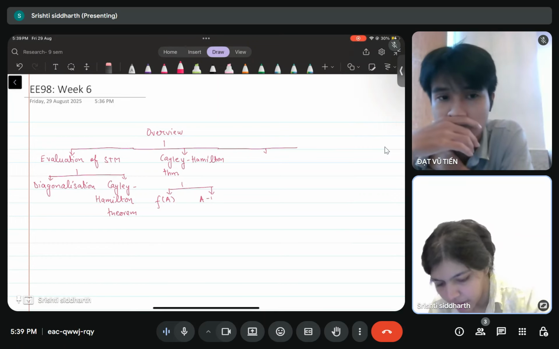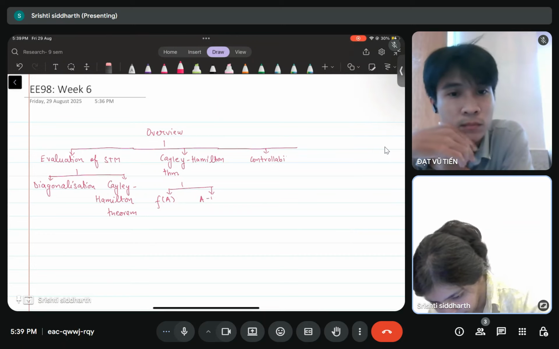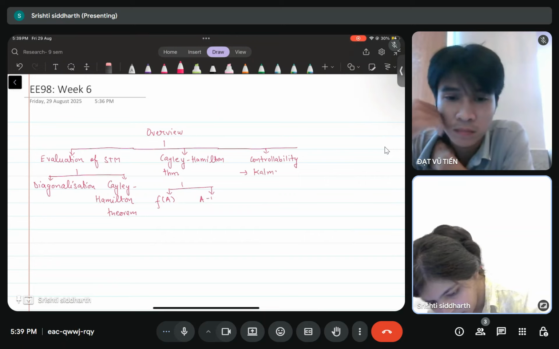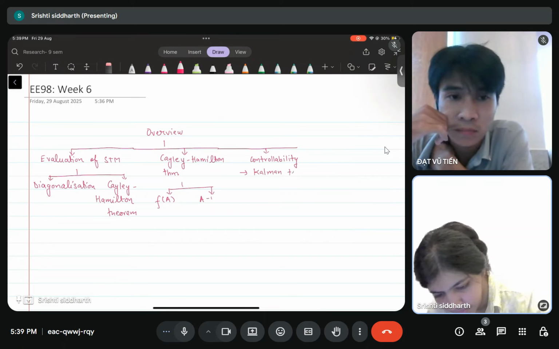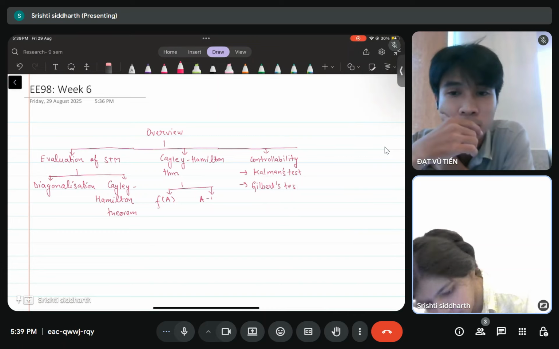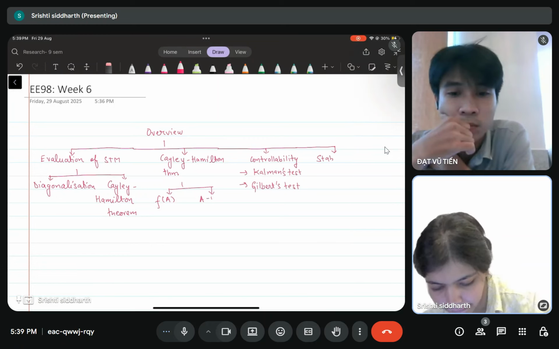And then we'll look at controllability. So there is the Kalman test and Gilbert's test. And then finally, we'll take a quick look at stabilisability.